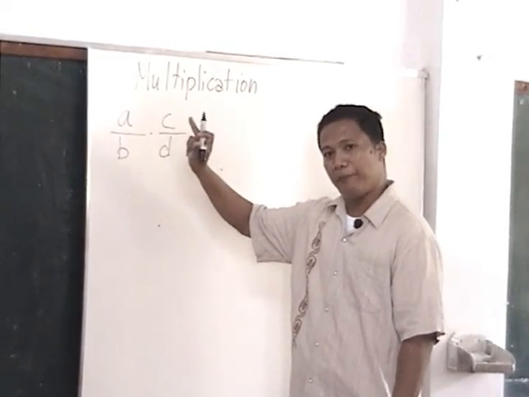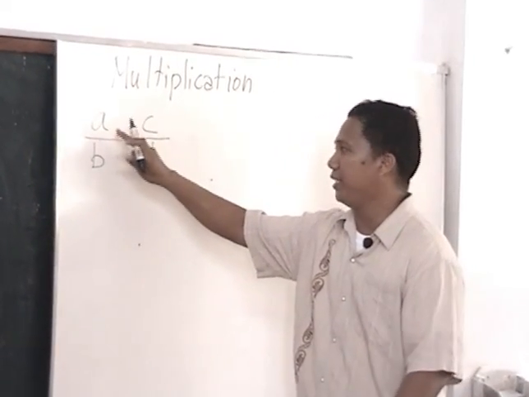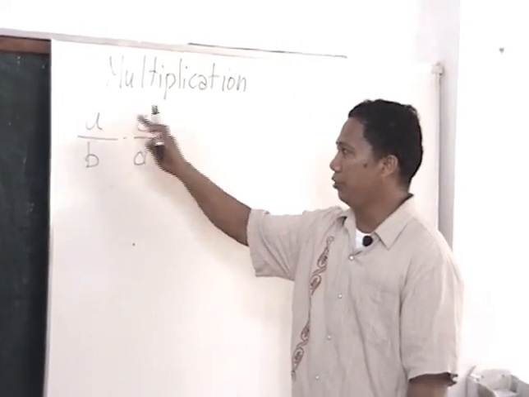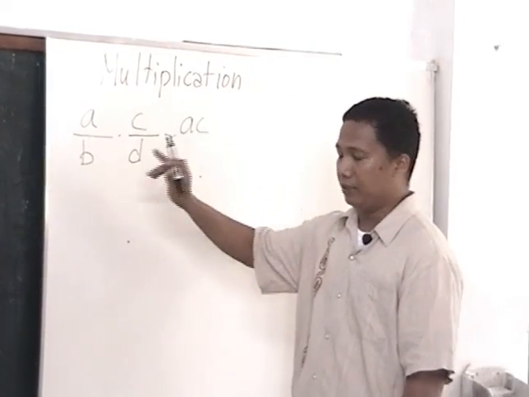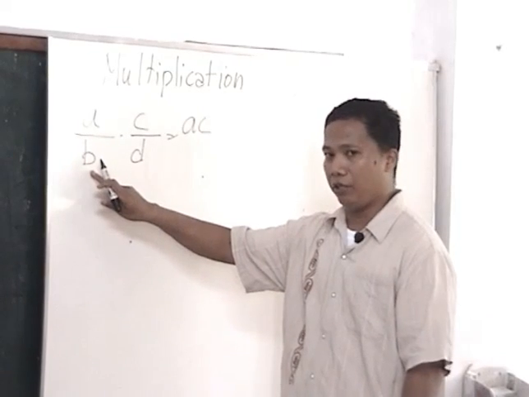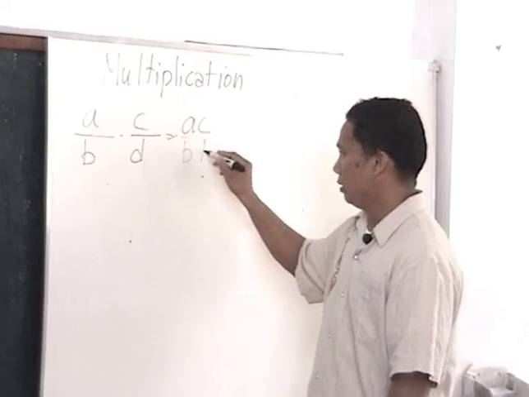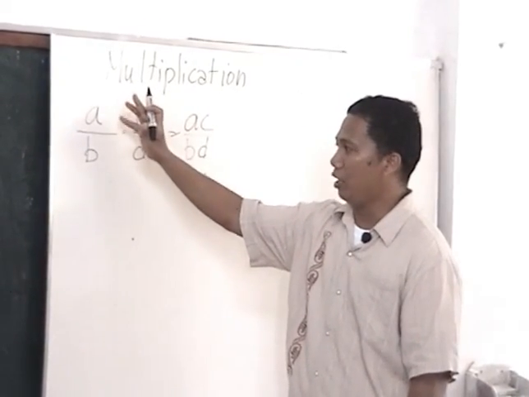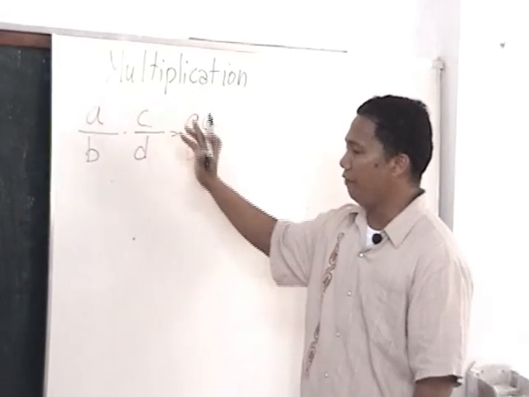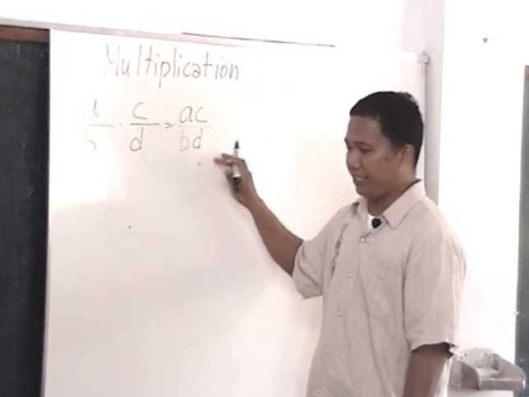So when you are multiplying fractions, you are actually multiplying numerator to numerator, which is equal to AC, and denominator to denominator, so it will become BD. So we multiply the value for A over B and C over D, which has a product of AC over BD.